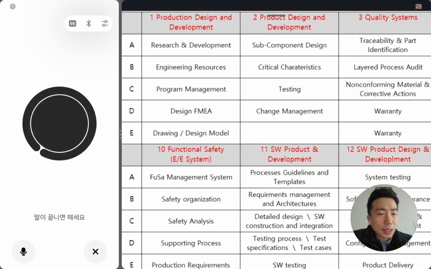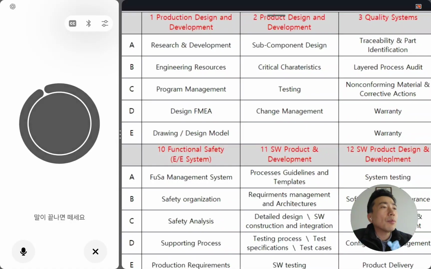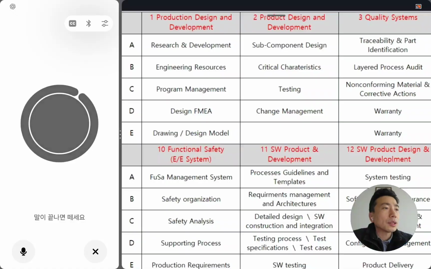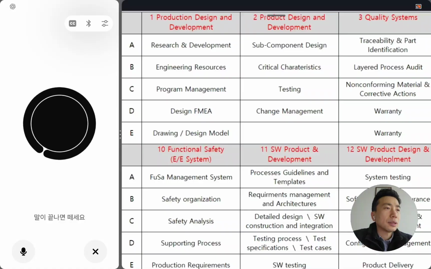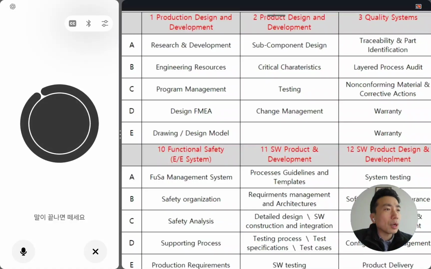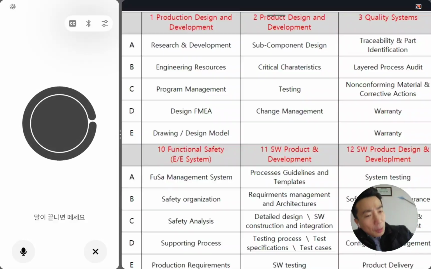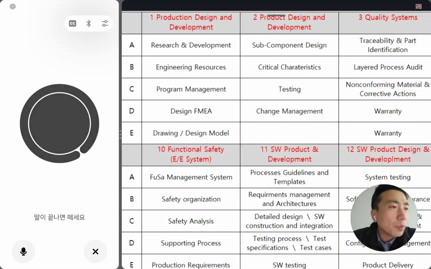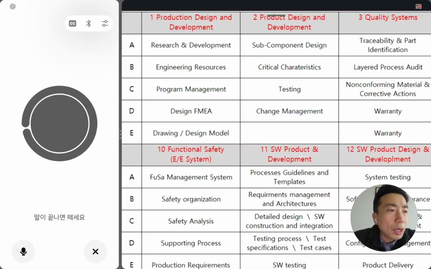Based on this process, we confirm that selected subcomponents meet functional, quality, and reliability requirements.